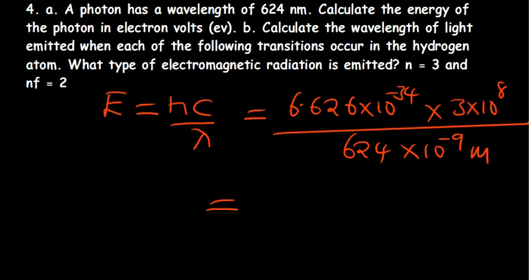So the answer I'm getting for the energy there is 3.18 times 10 to the power negative 19, so that is in joules as our energy.